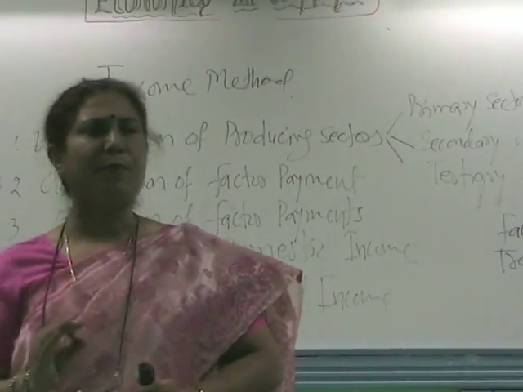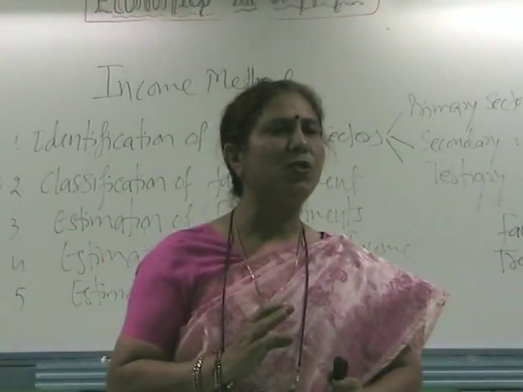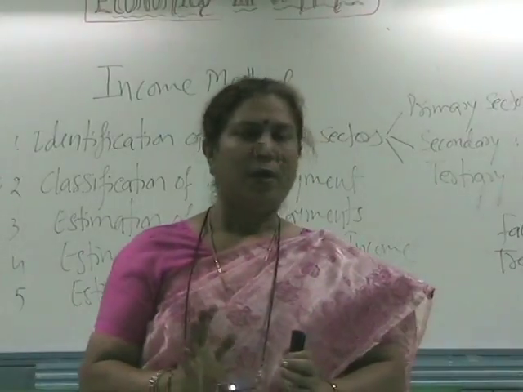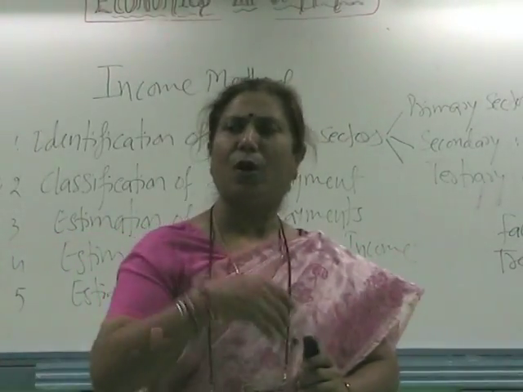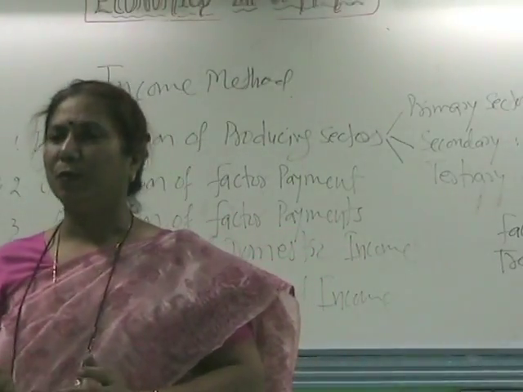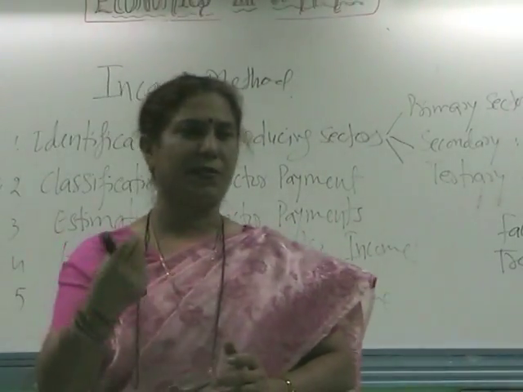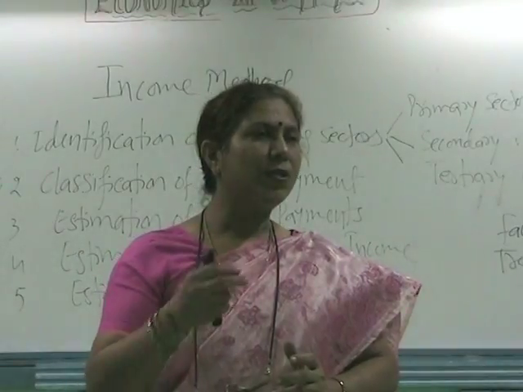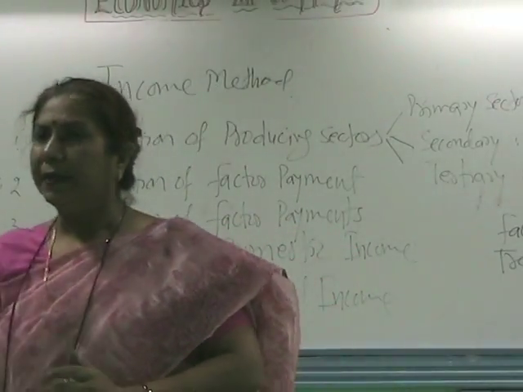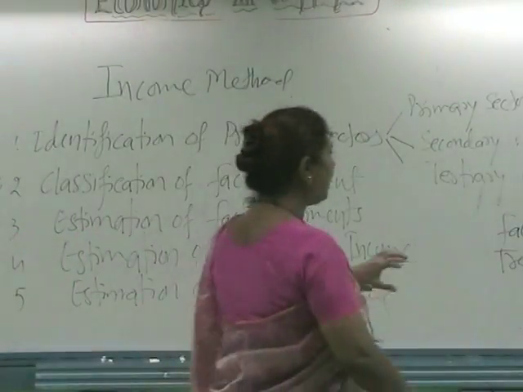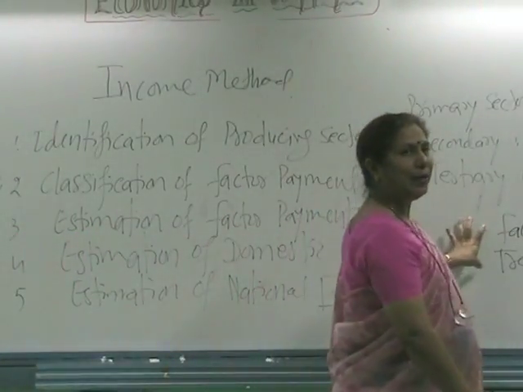A very simple example of transfer payment is donations. During celebration of Ganesh Utsav or Durga Mata festival or any other, what do we do? We give donations. So these donations are an example of transfer income. They are not generating any income in the economy.